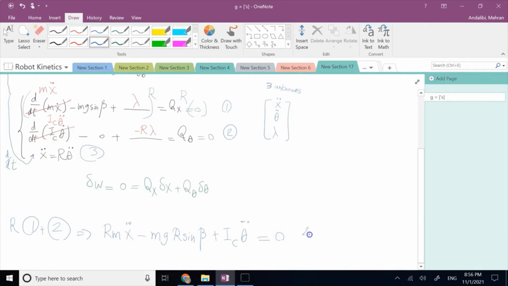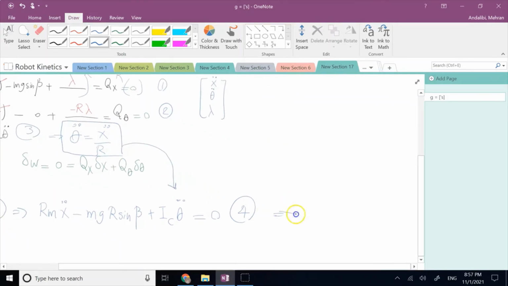Can call this equation 4, and now all I need is to combine 3 and 4, and that can give me the equation governing either x or theta, one of them. So for example, if I am concerned about x, then I can go ahead and say theta double dot is equal to x double dot over r, and then plug this right into my governing equation.